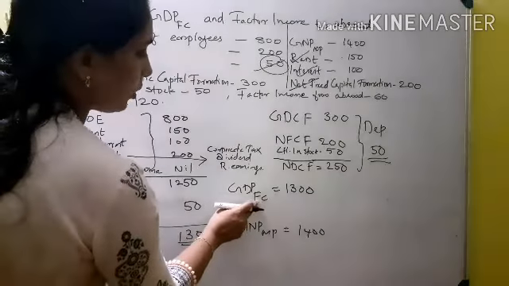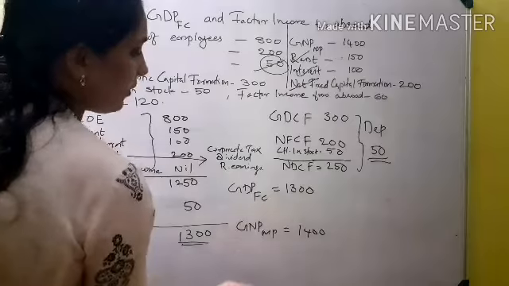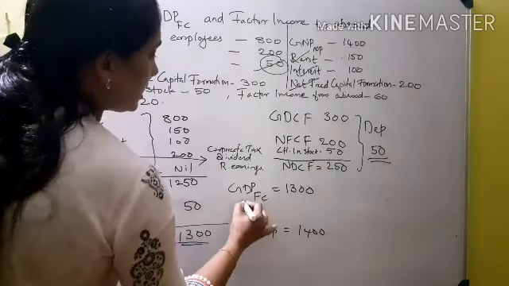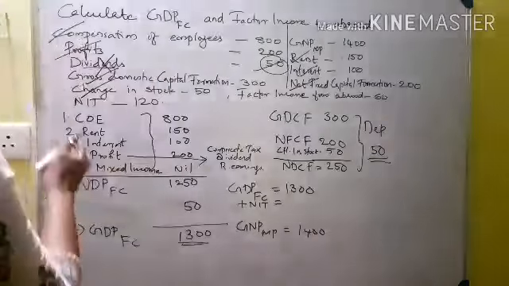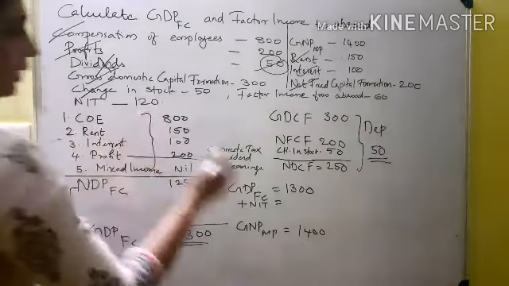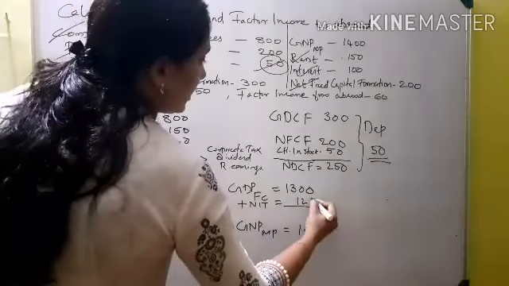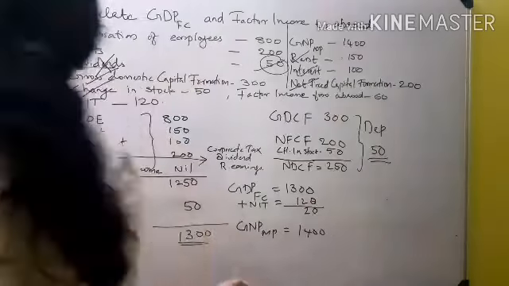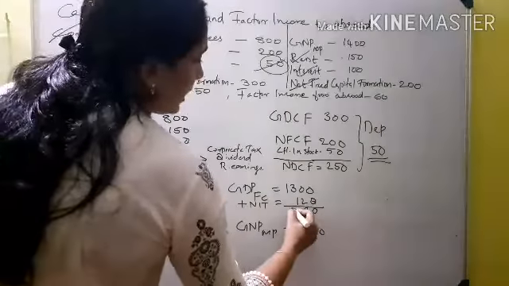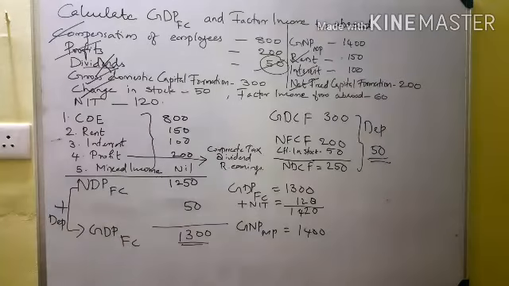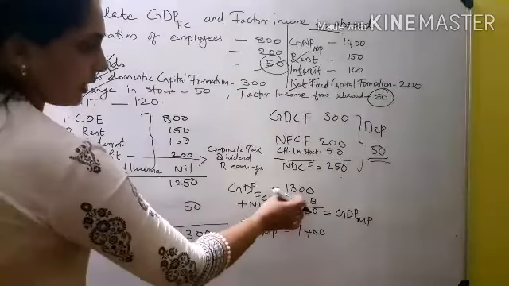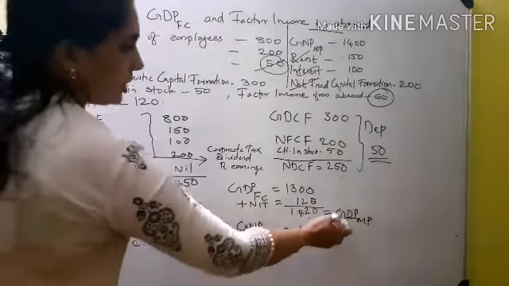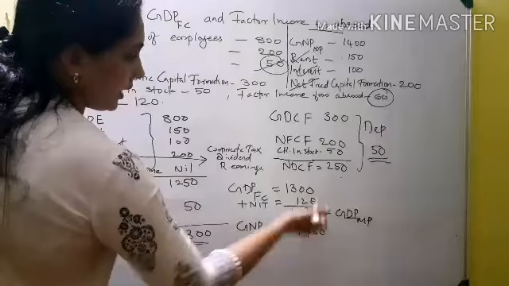This factor cost can be converted into market price by adding net indirect tax, which is given as 120. GDP FC is 1300, plus net indirect tax 120, the total is GDP MP, that is 1420.